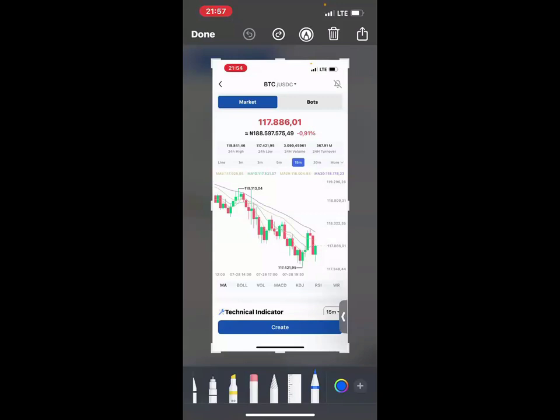Now, if I want to look at the 5 MA, which is the MA5, the moving average 5, I want to plot a line on the closing price of this asset in the last 5 periods. So in the last 15 minutes, how has this price moved?